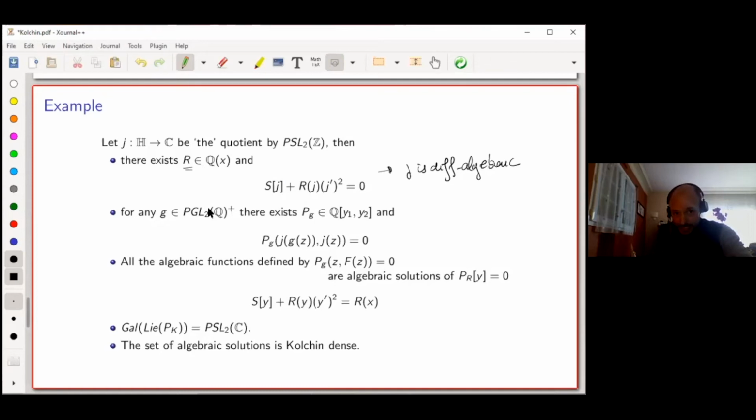And then if you take any 2x2 matrix, invertible, rational coefficients, positive determinant, then you will find a polynomial in 2 variables such that G evaluated in J of Z, where Z is acted on by the homography, the fractional linear map associated to this matrix. They are related by some polynomial relation. And for instance, if you take the matrix 2, 0, 0, 1, then you will take some polynomial P2 such that P2 of J of 2Z, J of Z equals 0.